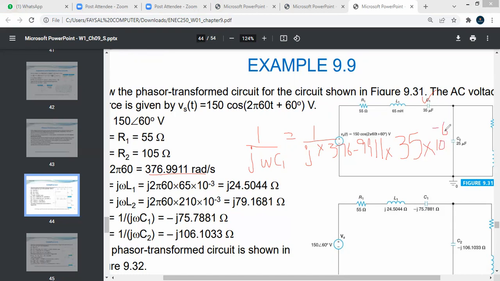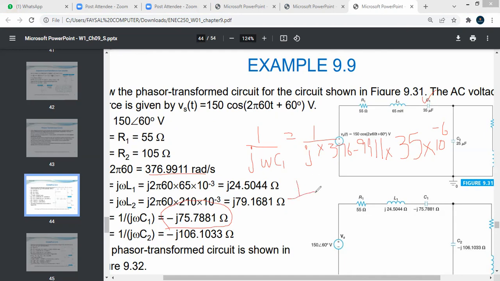After this we have to calculate using the calculator to find the value. The value equals minus j times 75.7881. This is the capacitive impedance for capacitor one.